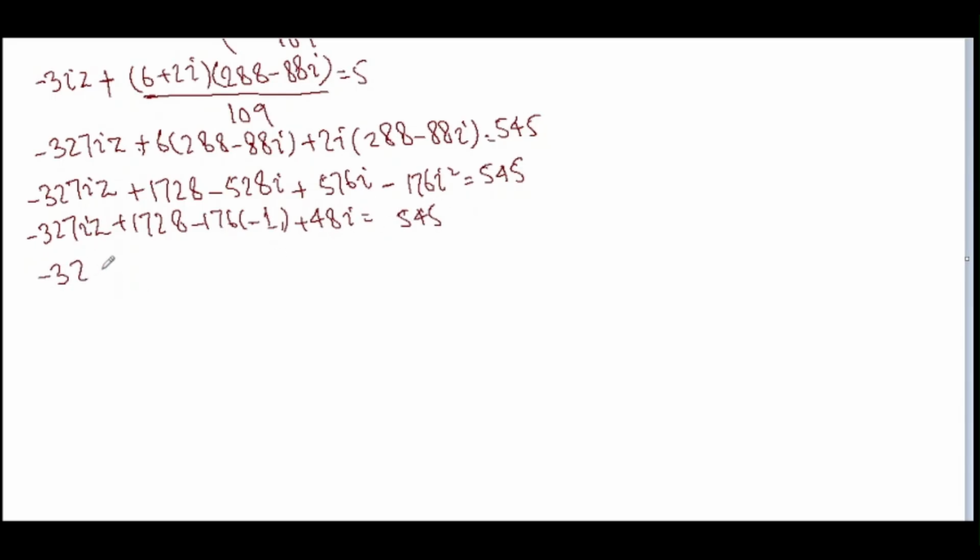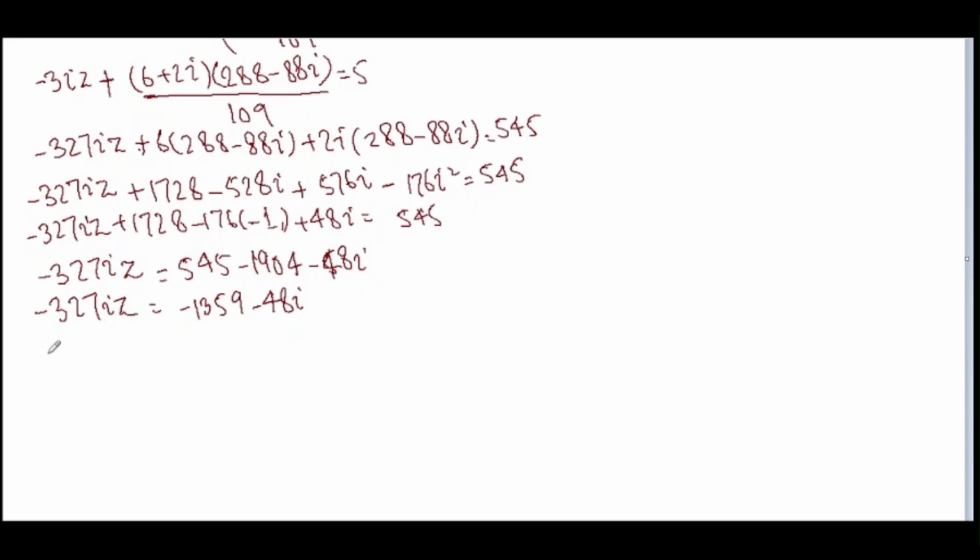So minus 327 iota z plus 1728 plus 176 is 1904. We are going to shift this 1904 over here, so it will become negative 545 minus 1904 minus 48 iota minus 327 iota z equals 545 minus 1904, which is minus 1359, minus 48 iota.